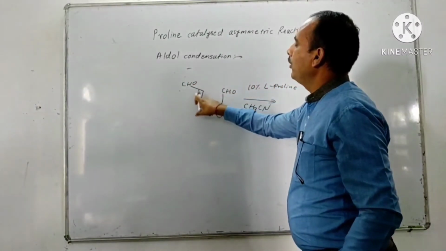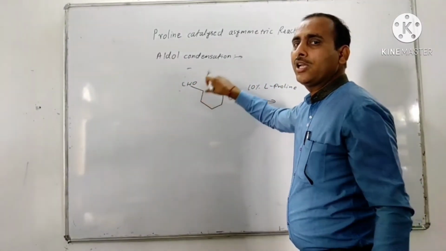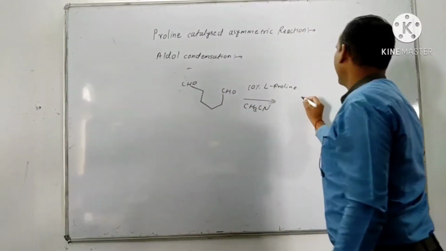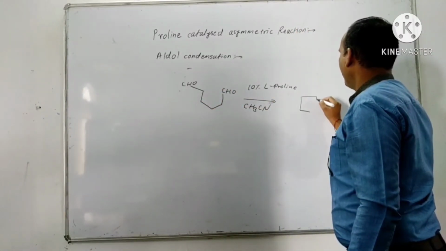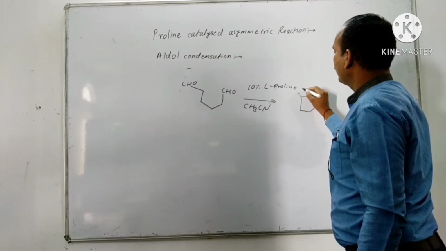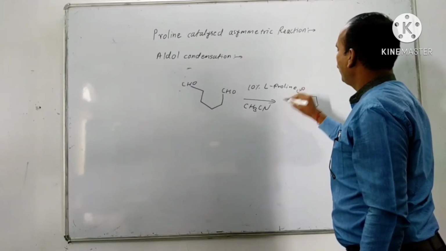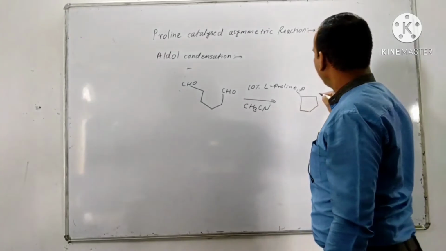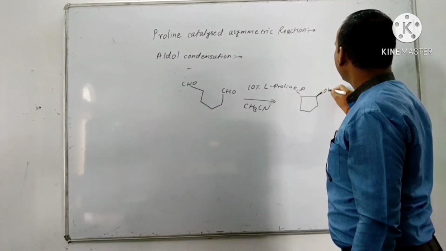There is enamine formation, and the enamine attacks the carbonyl, so that there is formation of CHO and the OH group present above the plane.